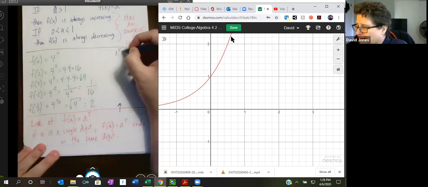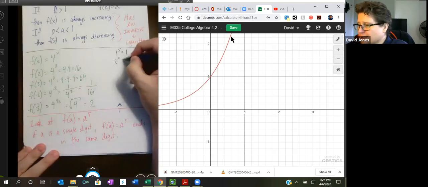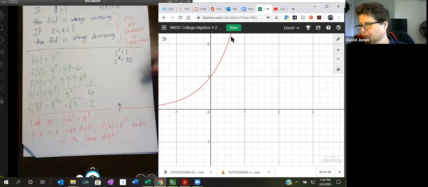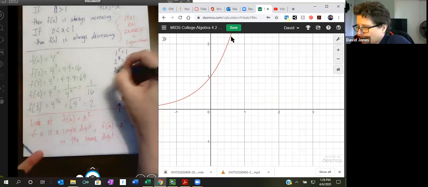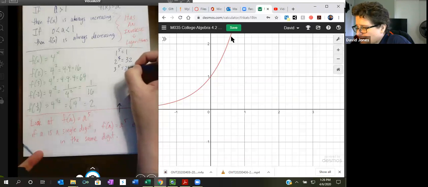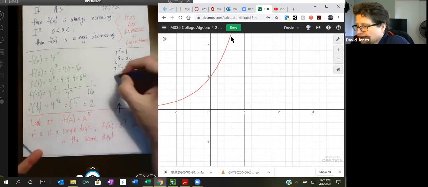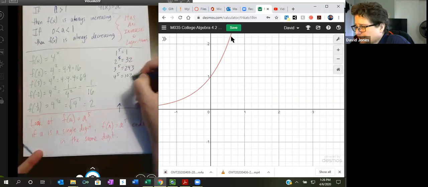1 to the 5th power is 1. 2 to the 5th power is 32. 3 to the 5th power is 243. 4 to the 5th power is 1024.